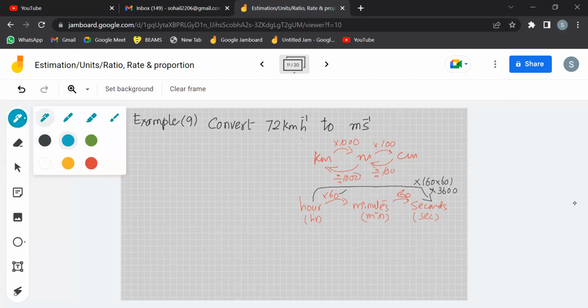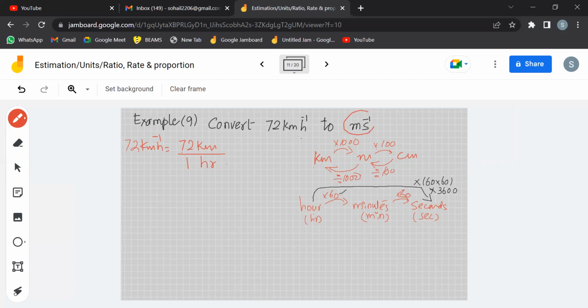This question is from 72 kilometer per hour, which means 72 kilometer divided by 1 hour.